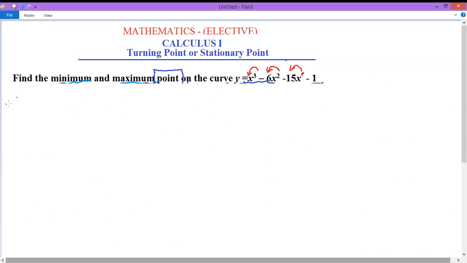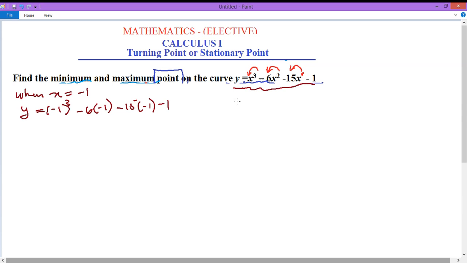Okay, now let's proceed. We're now going to find the y coordinates. When x is equal to -1, for the y coordinate we just slot in the -1, so it will be (-1) cube minus 6 into bracket (-1) squared minus 15 into bracket -1 minus 1. I'm using the original equation. You can punch everything on your calculator.